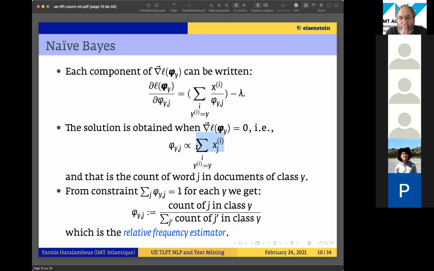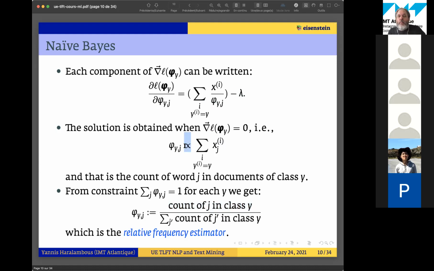So in fact, what I'm counting is the number of occurrences of word j in all documents of class y. So it's the count of j in class y. At least it's proportional to this thing.